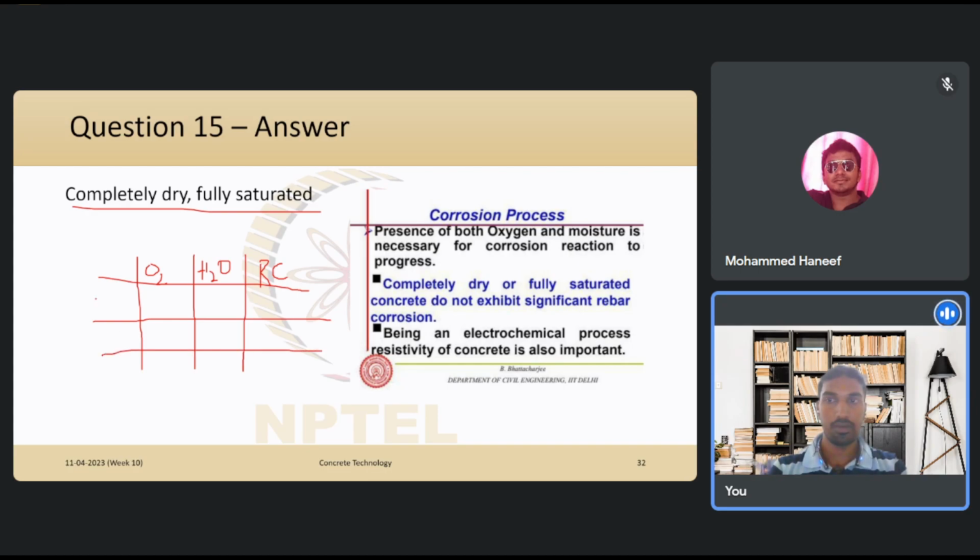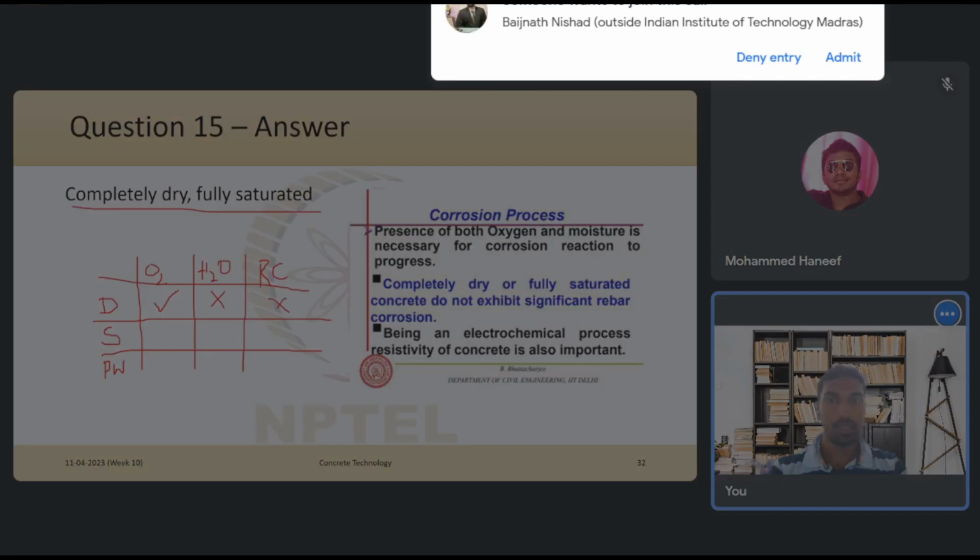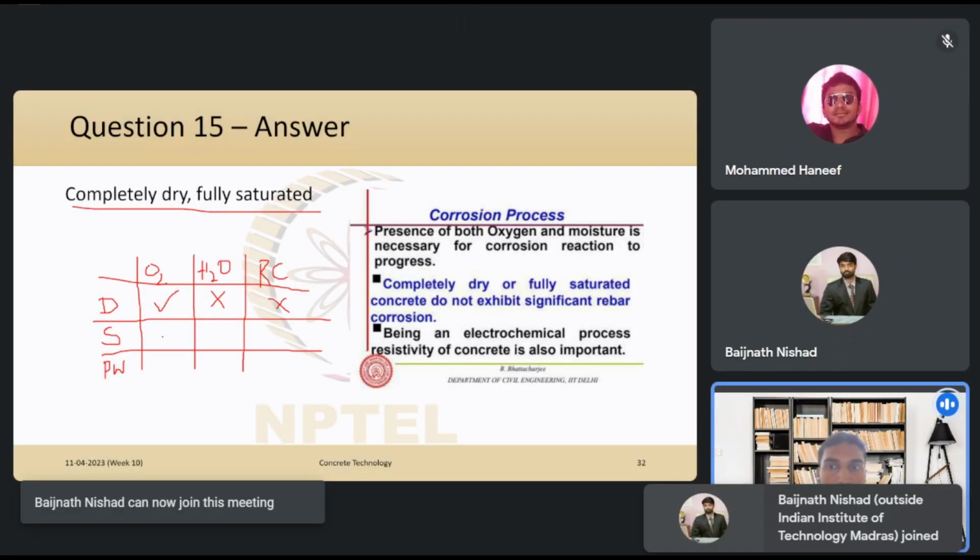So one is the totally dry condition. The other could be fully saturated. The other is partially wet. So when you have completely dry, you will have oxygen, but you will not have moisture because it is dry. Because one of these two components is missing, you will not have rebar corrosion. The other is fully submerged.